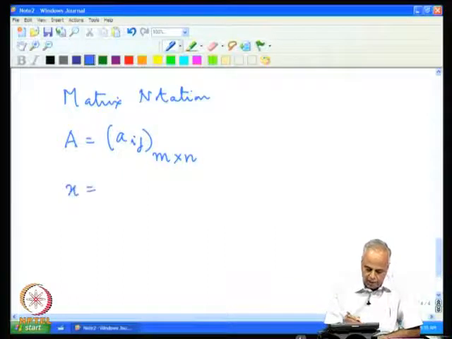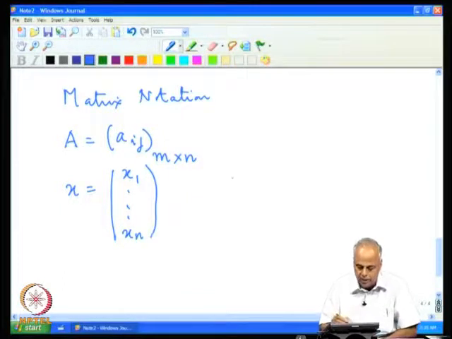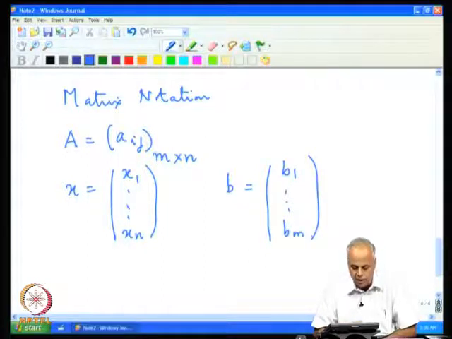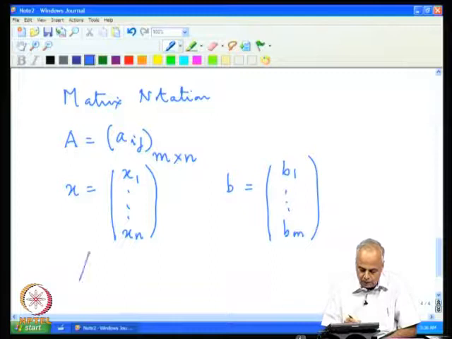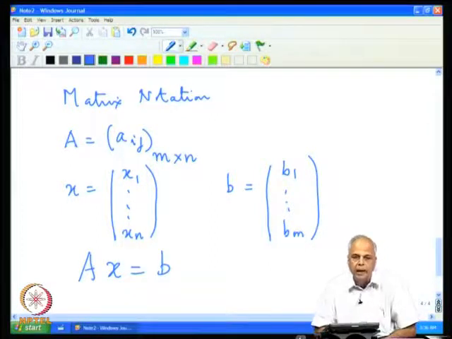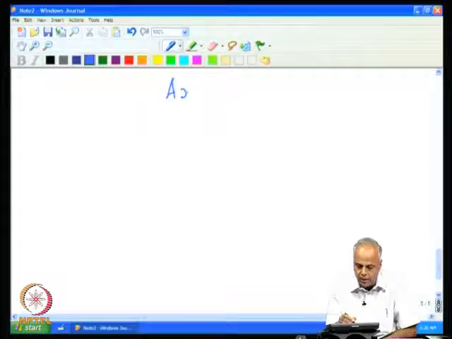We denote by X the single column matrix which refers to the unknowns x1, x2, ..., xn, and by B the single column matrix b1, b2, ..., bm which corresponds to the right hand side of this equation. So, with this notation, in matrix notation we can write the system as Ax equal to B.